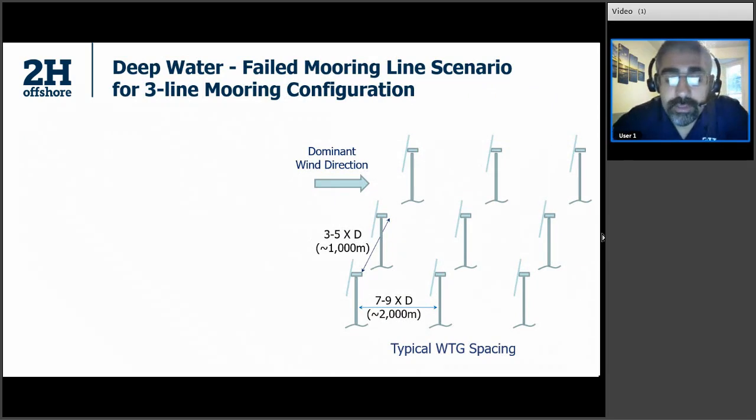Going back to the deep water, how does our redundant system assumption for a three mooring line system hold, and is there any problem with it? So in a typical wind farm, the spacing in the dominant wind direction is usually 7 to 9 times the rotor diameter, and in the other direction it is 2 to 5 times the rotor diameter.